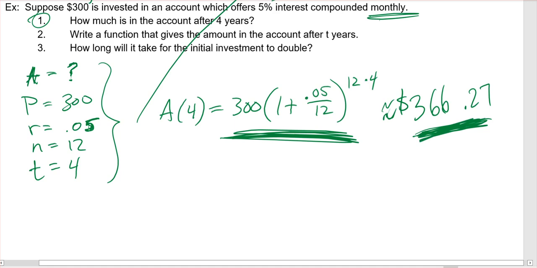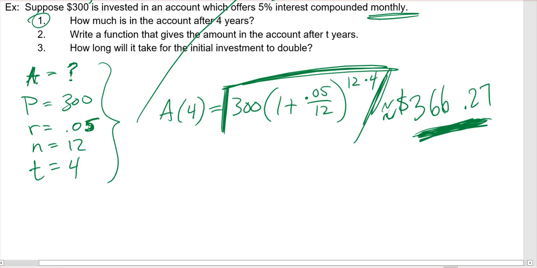So just leave it blank and write this in your scratch work, and I'll give you credit for this, provided, of course, that we have the right expression there. So yeah, this is what we're looking for on an exam, and for our homework, we're going to type in the calculator value. Okay, let's keep going here.